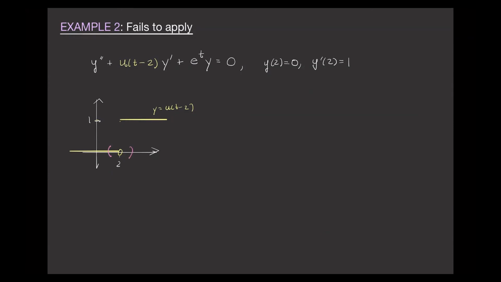It's impossible to pick. No matter how small we pick it to be, how close we get to 2, any interval is going to have this discontinuity contained in it, namely right here. So the second order existence uniqueness theorem would not apply to this because there's no interval you can come up with such that this will be continuous on that interval. These will be continuous, but this one would fail to be. So it does not apply here.